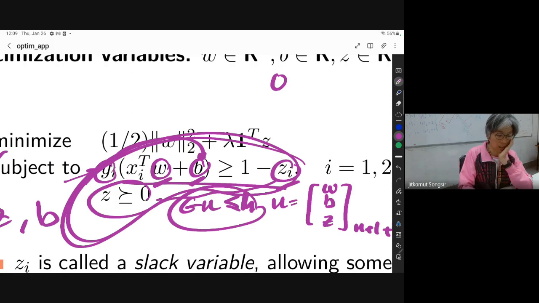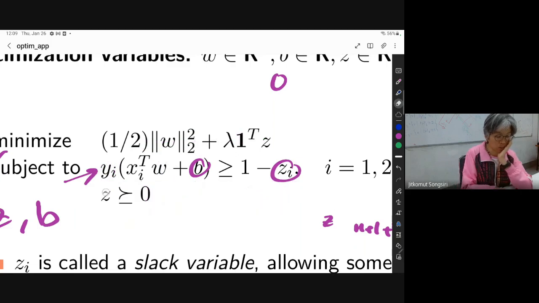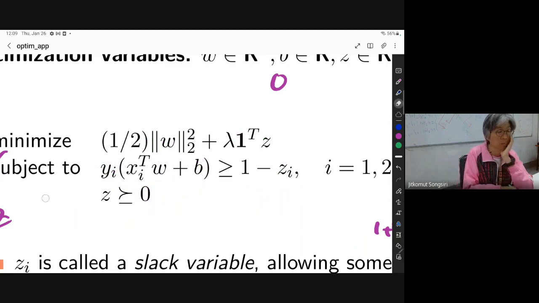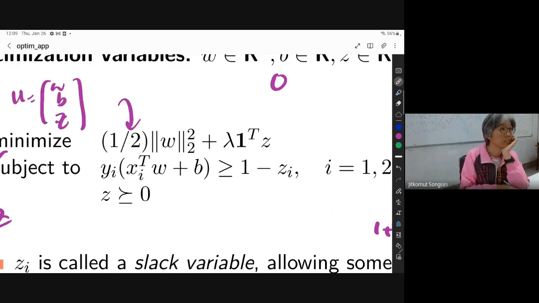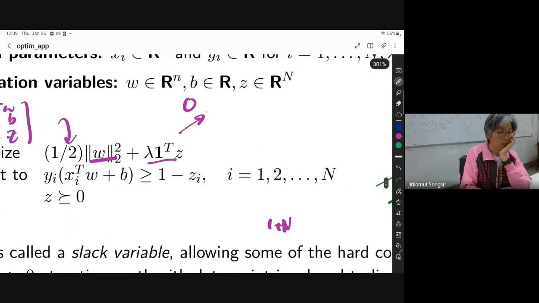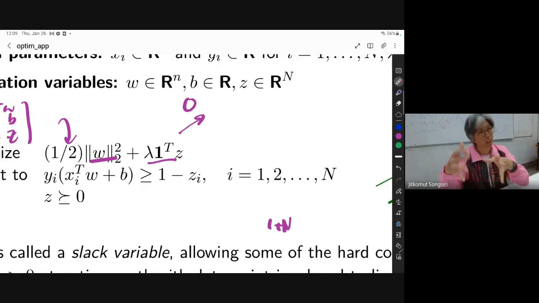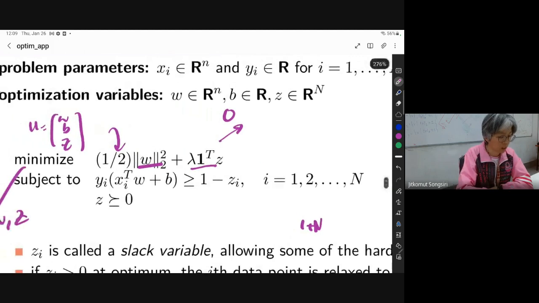Now let's take a look at the cost objective. What kind of function in terms of W and Z and B? First is quadratic in W. The second one is linear in Z. Now, can you represent it? So the conclusion is, what kind of function in U?